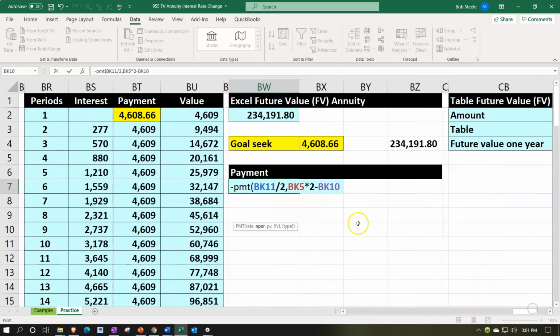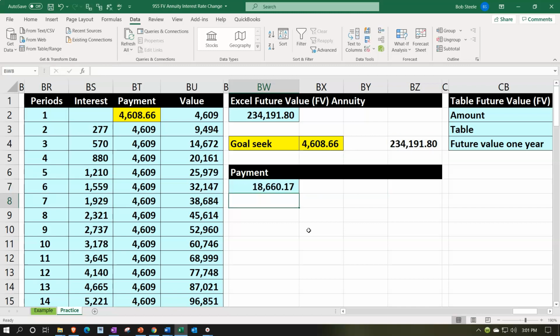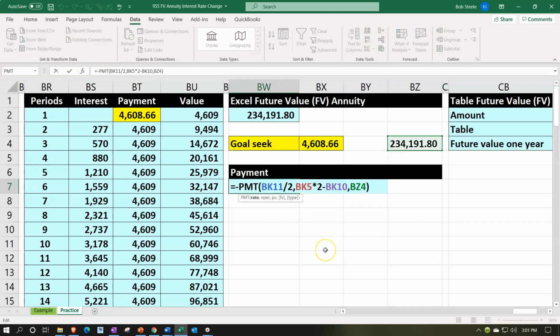So another 24, you could put 24 there, comma, and then the present value that we want, and this is going to be the 234,191.80, and then enter. I'm sorry, hold on a second. Not the present value, the future value that we want.